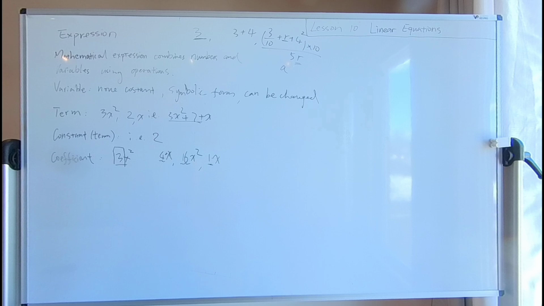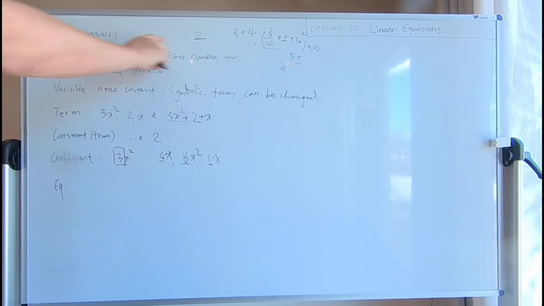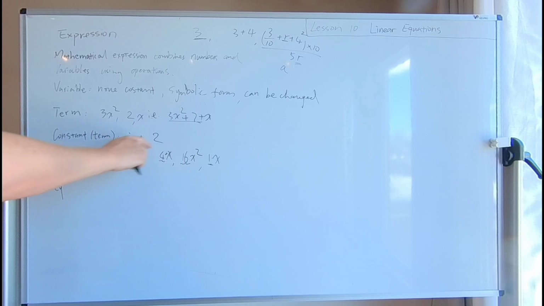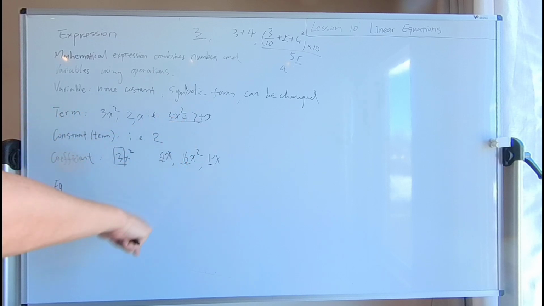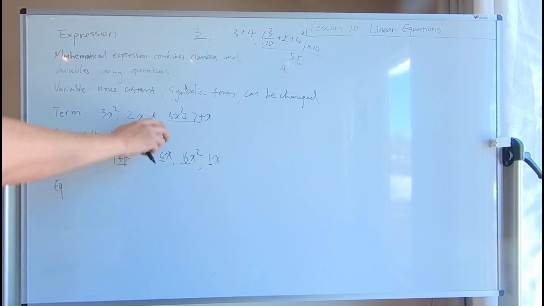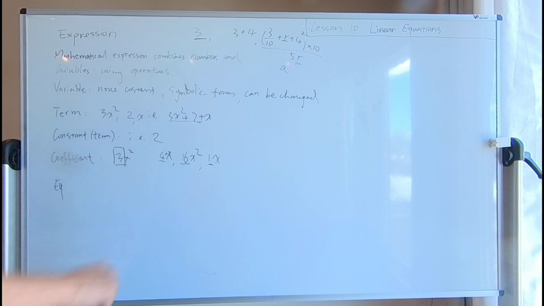After knowing those concepts, there's one more concept that leads you to the equation. So far we're looking at the expressions and the components from the expression, like which one is a term, which one is a constant term, what is the coefficient from a non-constant term.